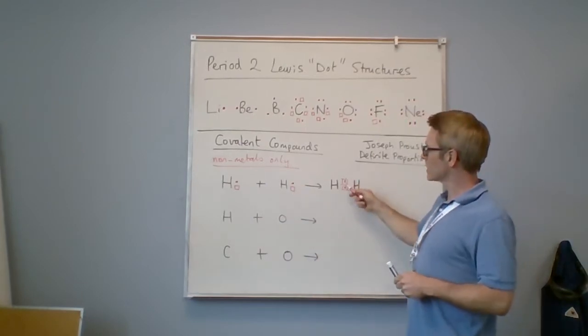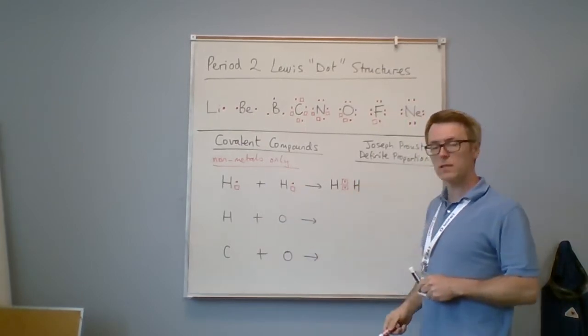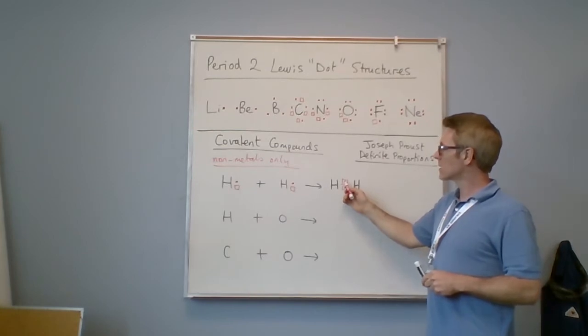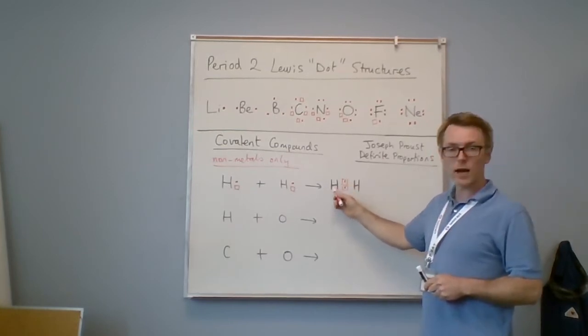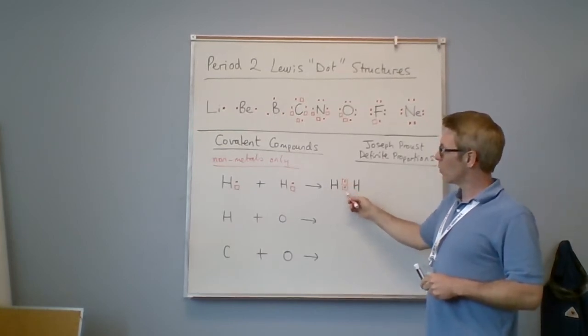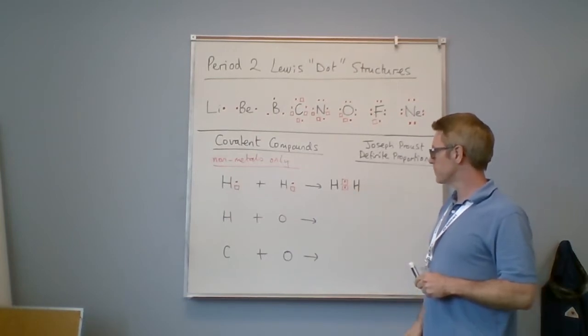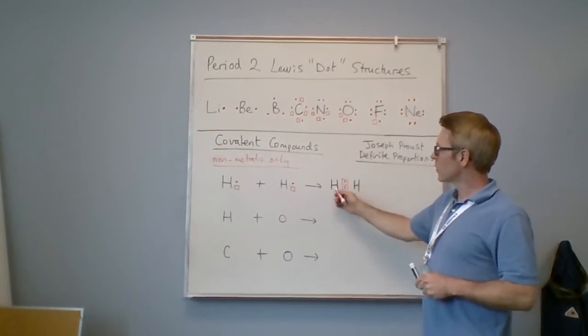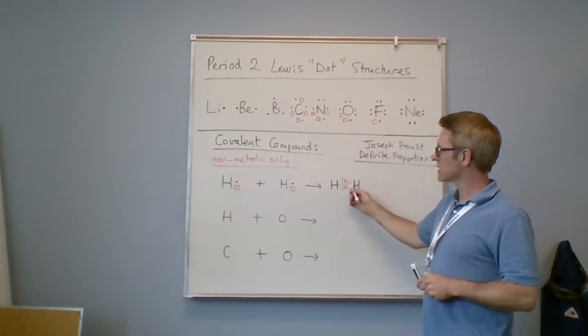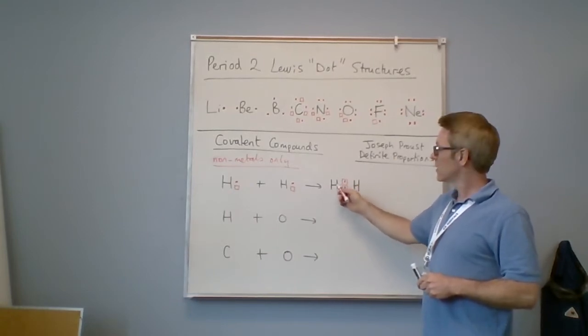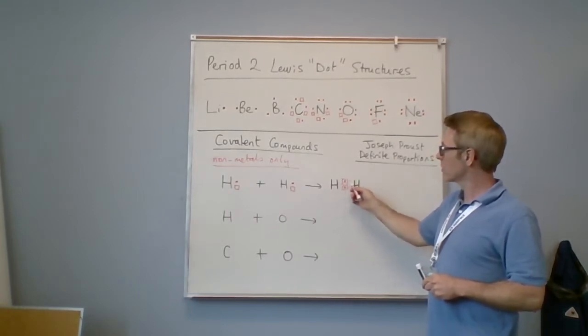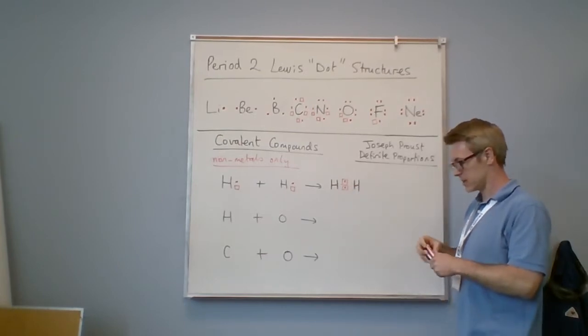We come together, we still have two valence electrons and two boxes. But one electron and one box belongs to one hydrogen, and one box and one electron belongs to the other hydrogen. So each hydrogen has access to two electrons. The hydrogen on the left has access to two, the hydrogen on the right has access to two.